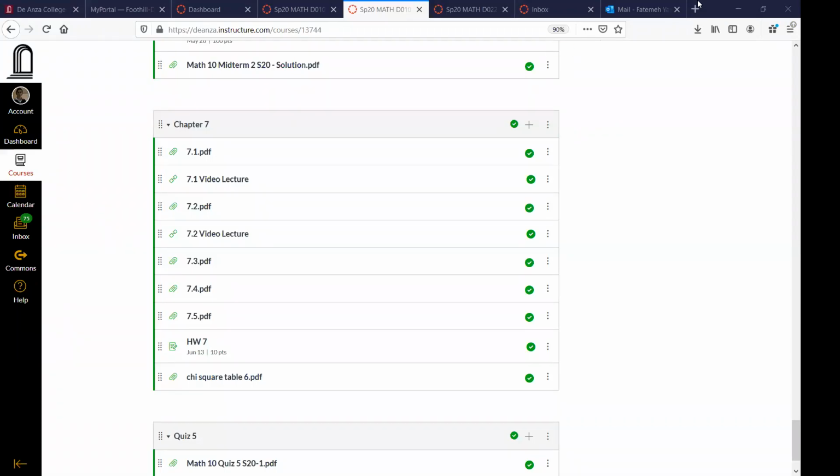In this example, degrees of freedom is 25 and alpha is 10%. So the intersection between these two gives you the critical value, which is 34.382.